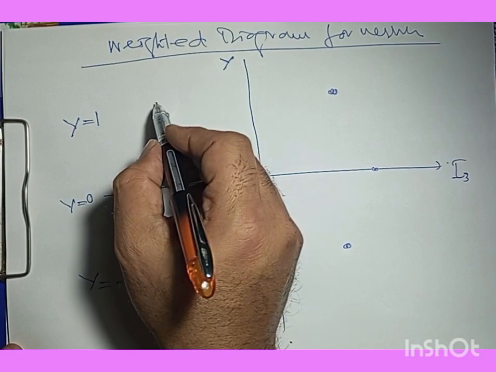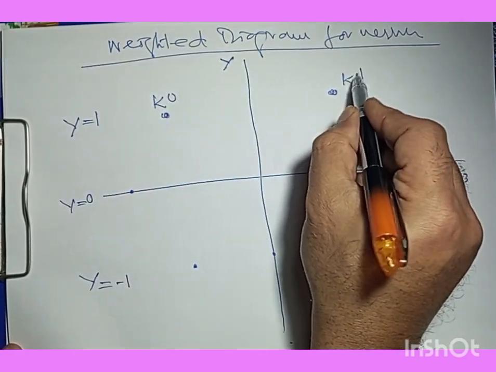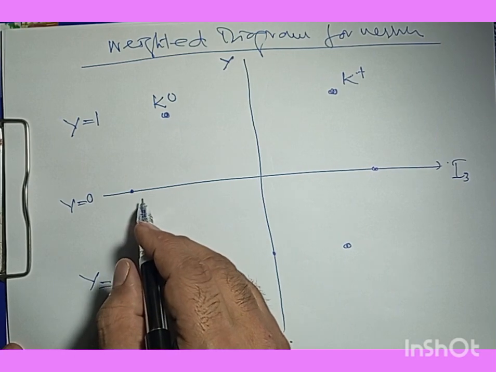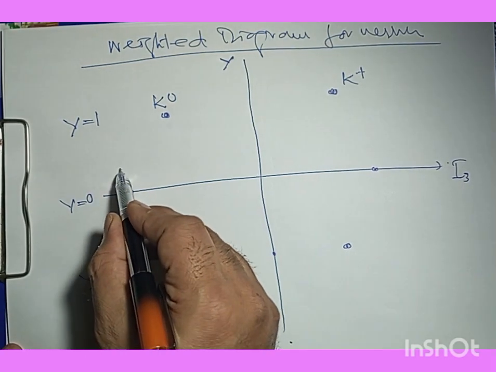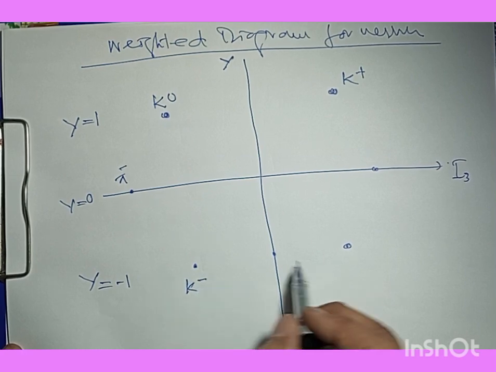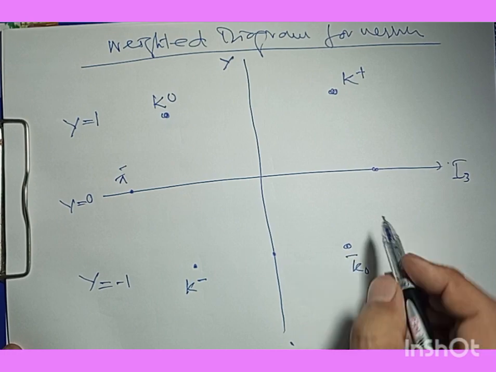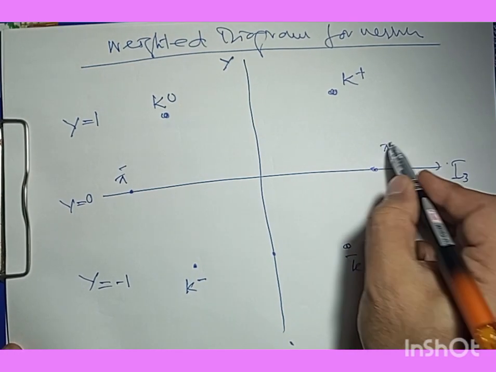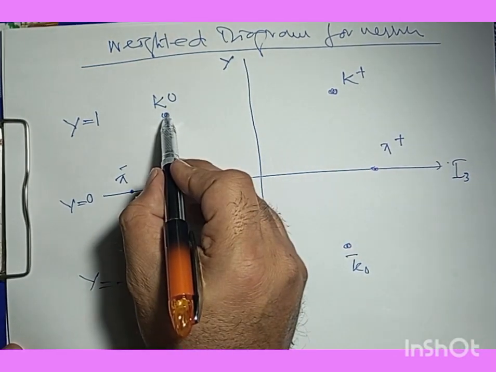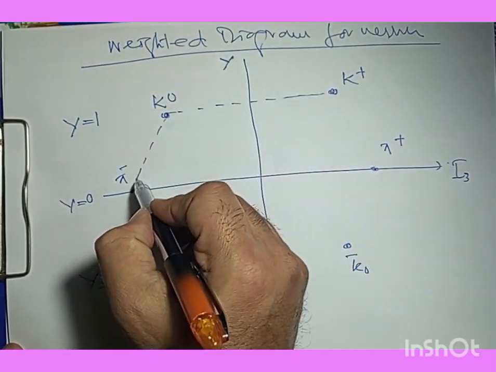As per the table, this is K0, this is K plus, this is pi minus, this is K minus, this is K0 bar, and this is pi plus. Now let me join them. They will form an octet like this.